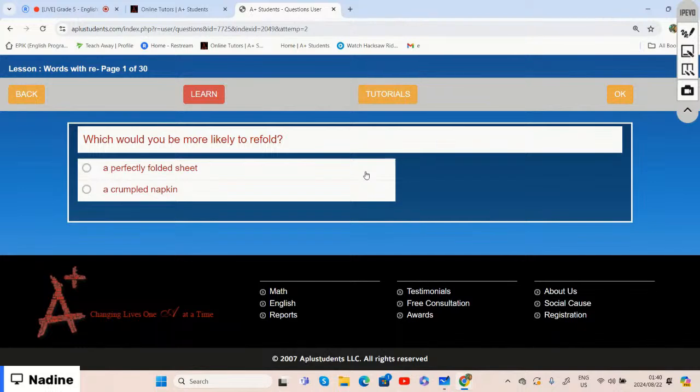So refold is when you're doing something again. You're folding again. But which would you refold again? Is it a perfectly folded sheet, or would you refold a crumpled napkin?